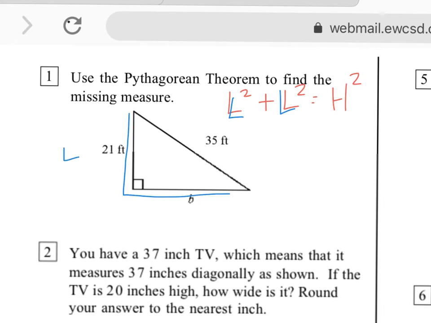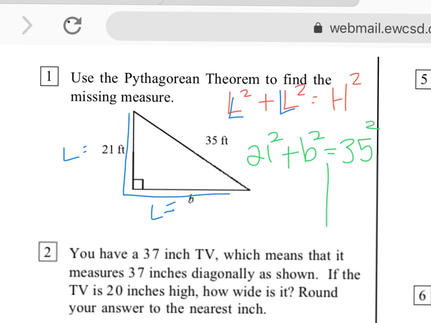And I see leg equals 21 and leg equals b here. So we have to set up the equation with that in mind. When I set up the equation, I'm going to have 21 squared plus b squared equals 35 squared.